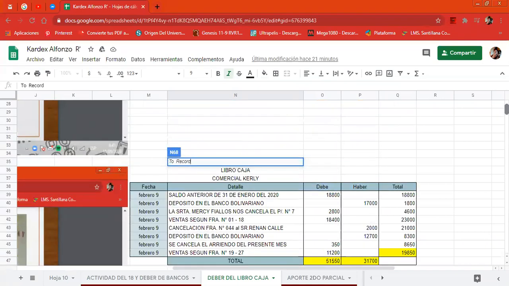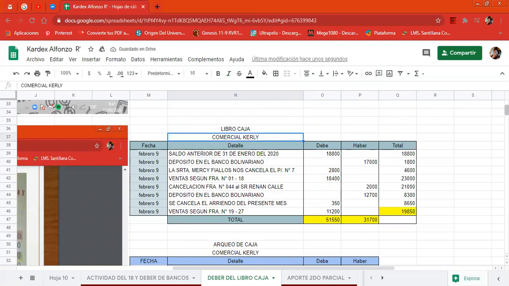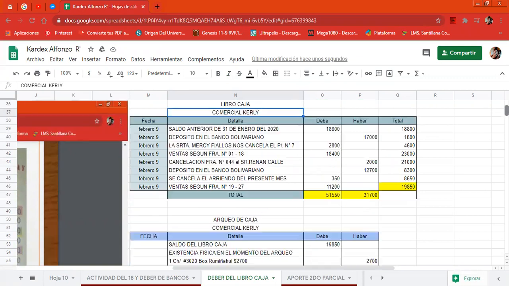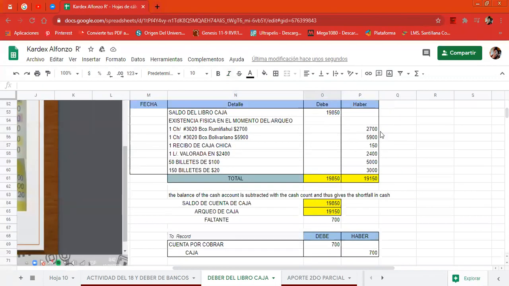This is an example of the commercial cash book. The balance of the cash account is subtracted with the cash count, thus giving the shortfall in cash.